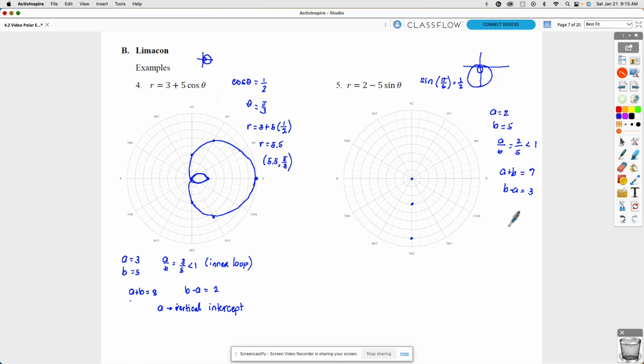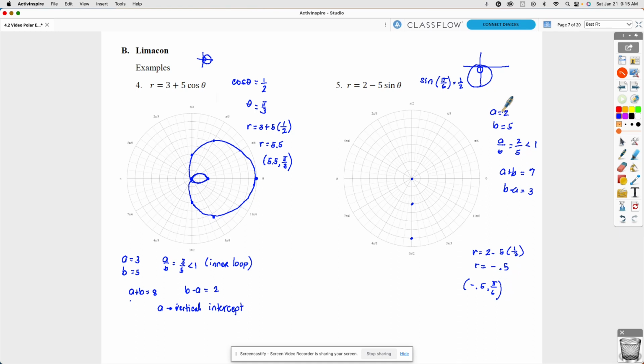So let's calculate. We have r is equal to 2 minus 5 times 1 half. So that's 2 minus 2.5 is negative 0.5. Am I right? 2 minus 2.5, that's negative 0.5. So we have the point negative 0.5 and pi over 6.